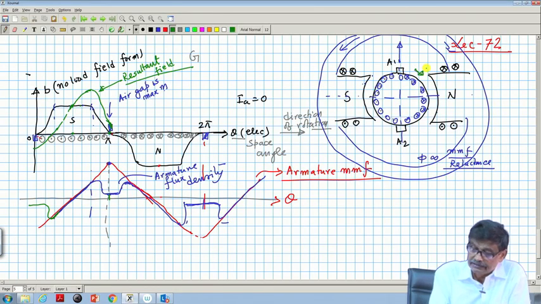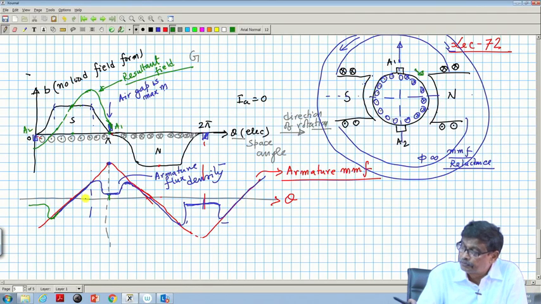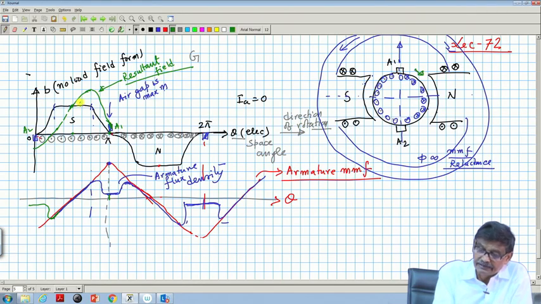So, in this case see this one is your A1, this one as I told you make 1-to-1 correspondence here, A1, this is A2, and you can easily see this part is the trailing pole tip. This portion is the trailing half of the pole, because conductors are moving this way.